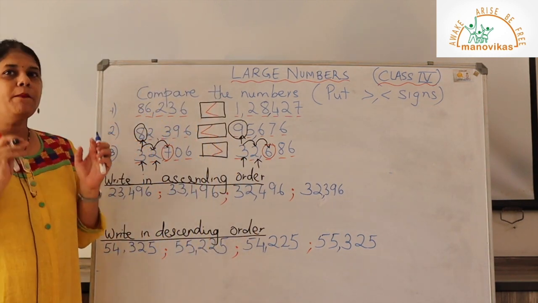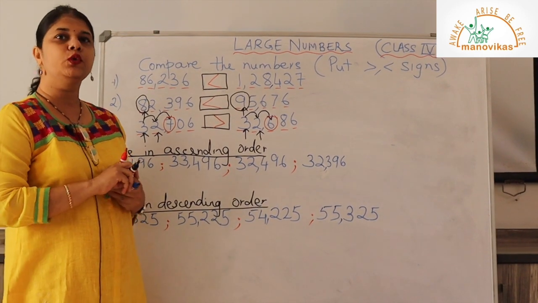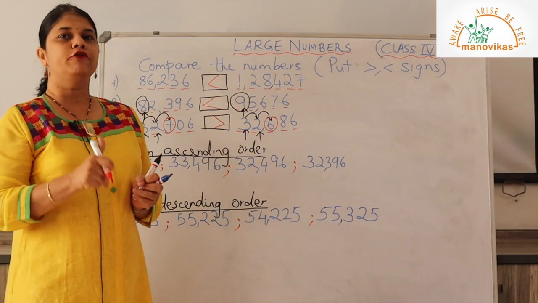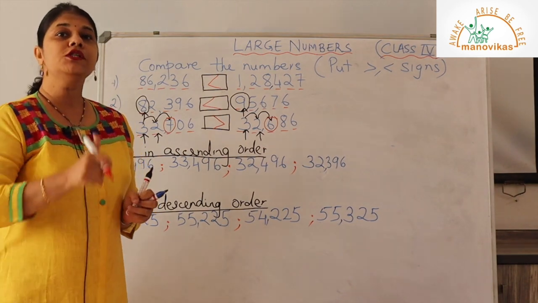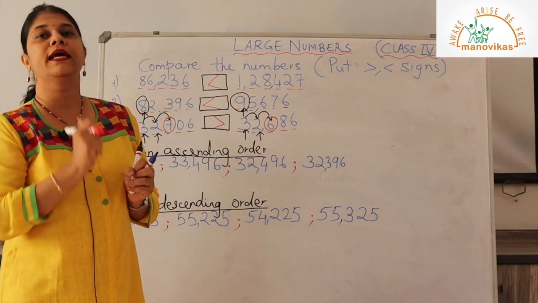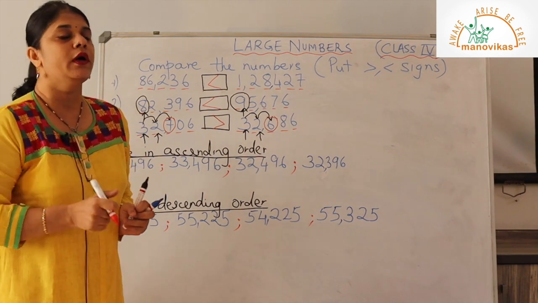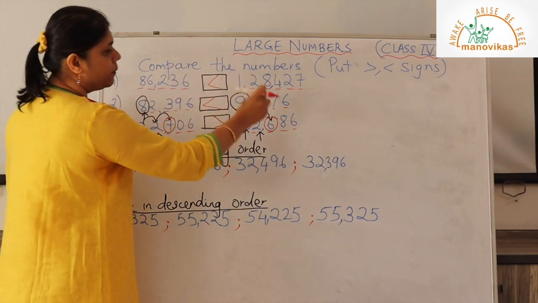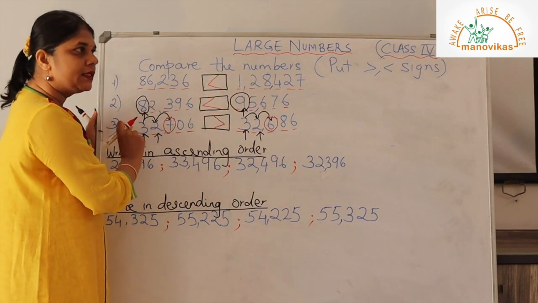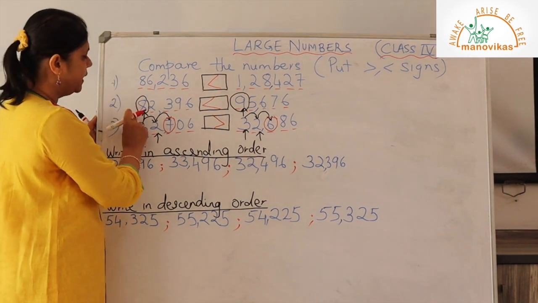Now, to compare large numbers, we have to know and remember 2 rules. First, if 2 numbers are given, count the number of digits in each number. The number with the greater number of digits is greater. Second, if the numbers have the same number of digits, then we compare the leftmost digit.